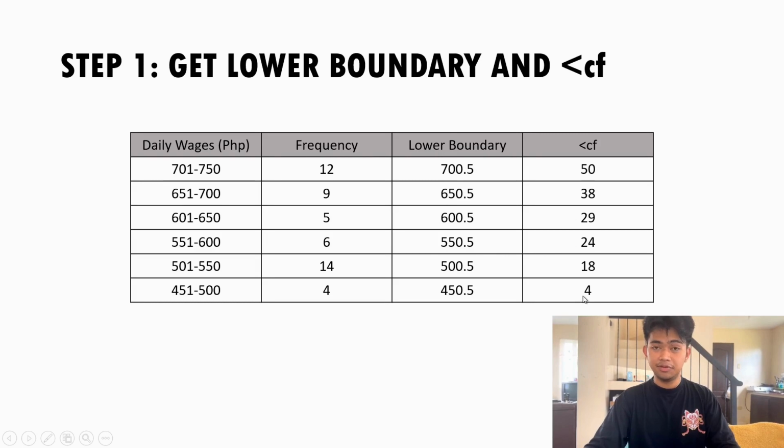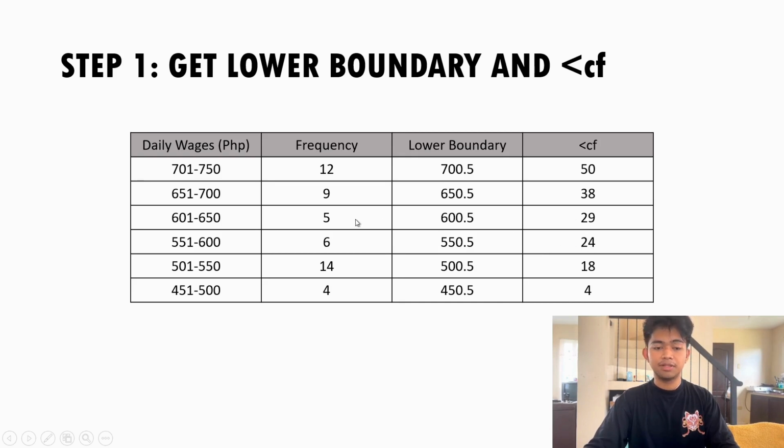Next is the cumulative frequency. Getting the cumulative frequency is easy. You just need to add the subsequent frequencies as you go on. The first frequency is 4. Plus 14, it becomes 18. Then 18 plus 6 becomes 24.